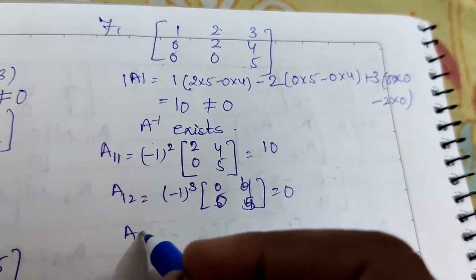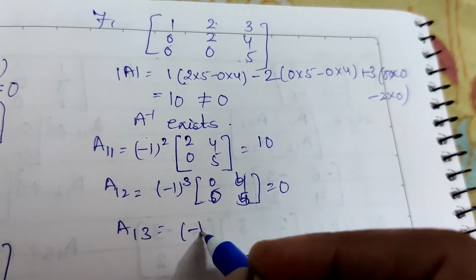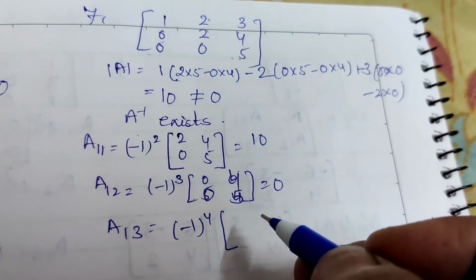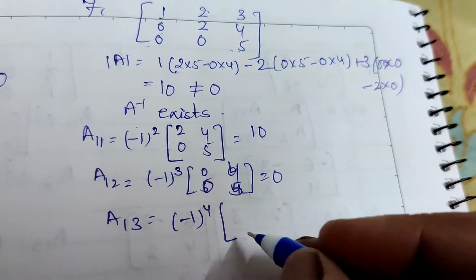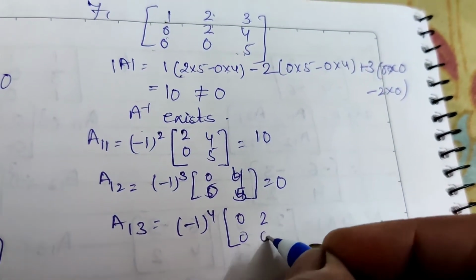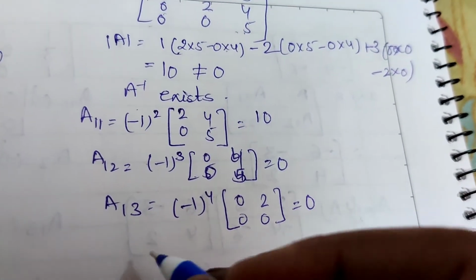Next A13: minus 1 raised to power 4, first row third column, 0, 0, 2, 0. It is also equal to 0.